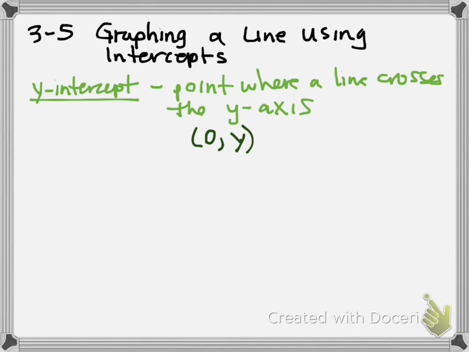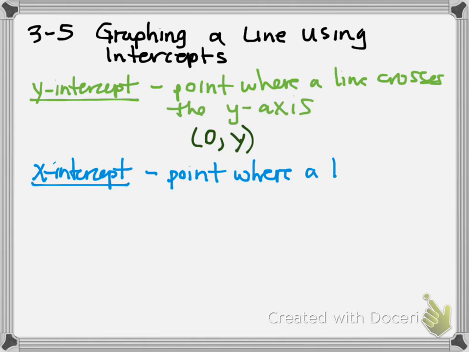So knowing what a y-intercept is, who would like to give me a guess as to what an x-intercept is? There we go. Very good. The point where a line crosses the x-axis.